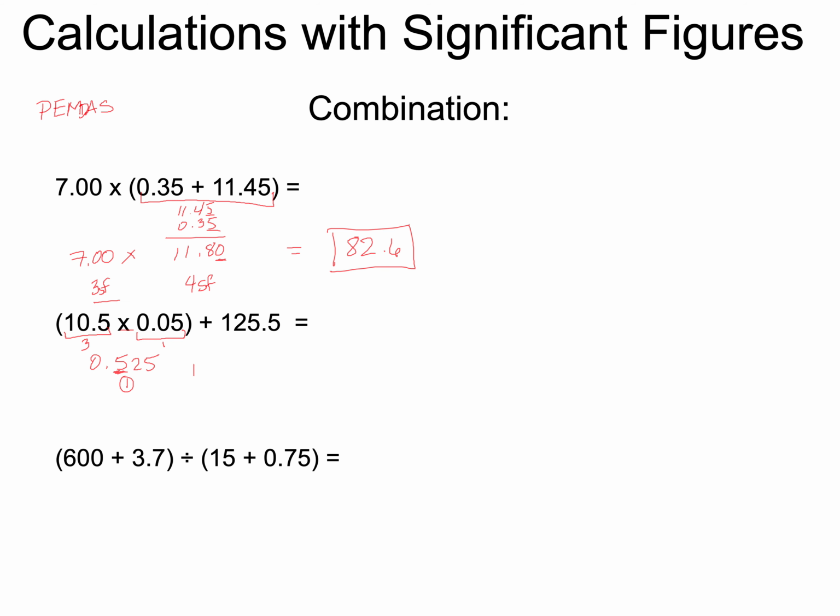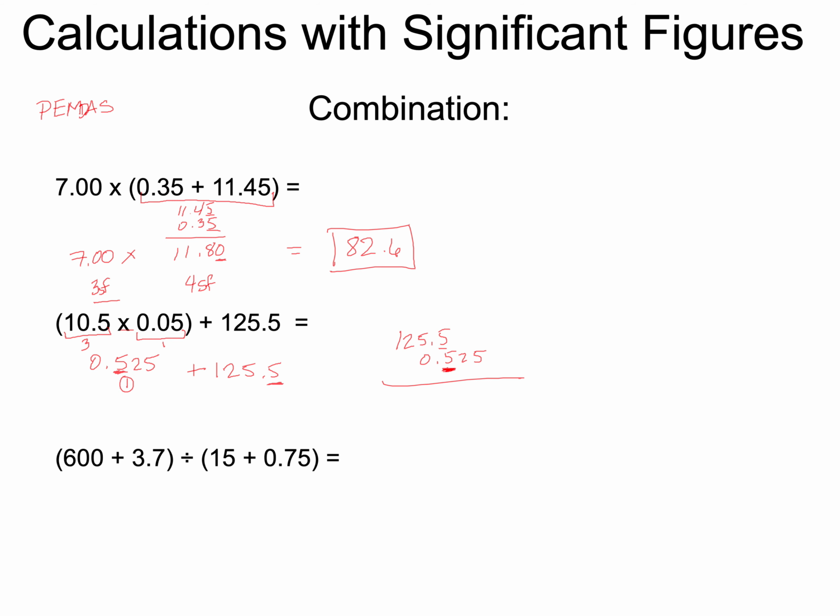And what I will do is I will add the 125.5 to that. So this being the significant digit. So let me do that longhand just so you can see. If I have the 125.5 plus the 0.525, let's underline the last significant digit. Do you notice how I'm underlining the 5 here, not the 2 and the 5 behind that? Because this should be a 1 sig fig digit.